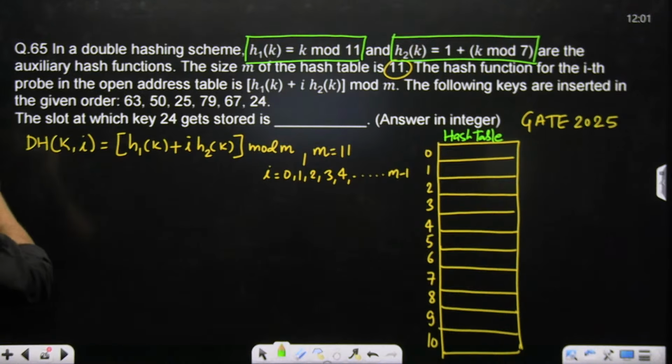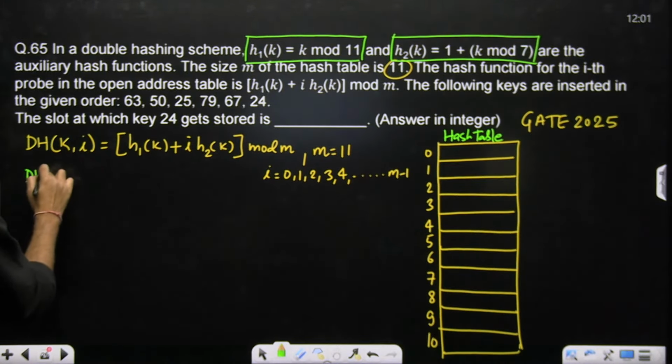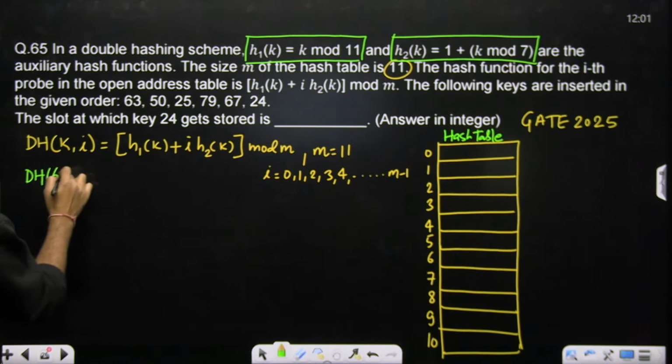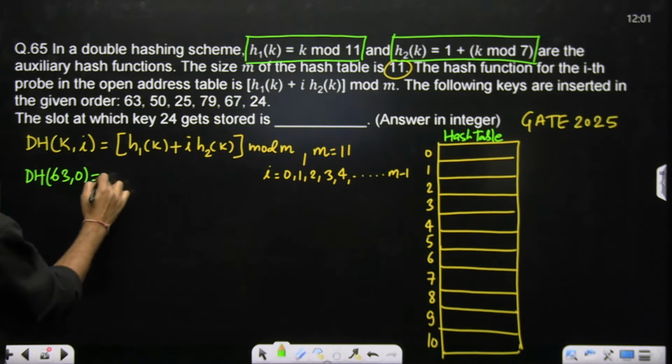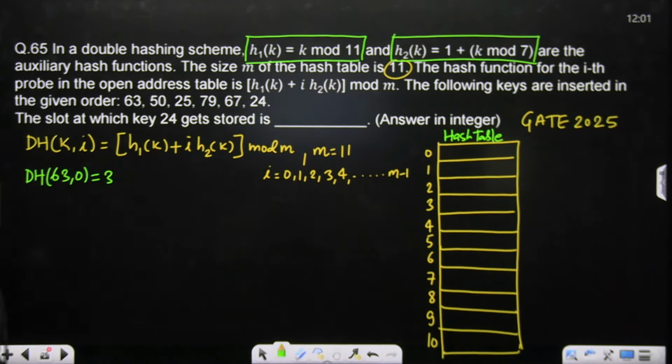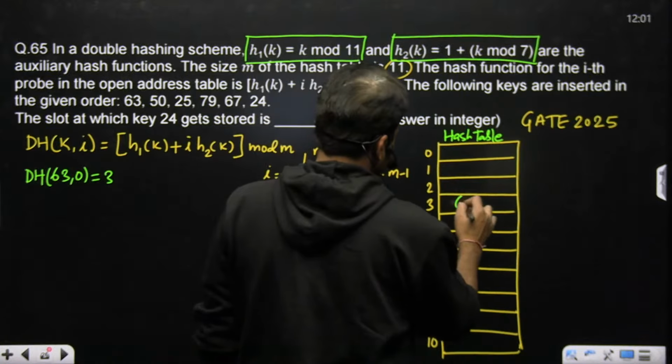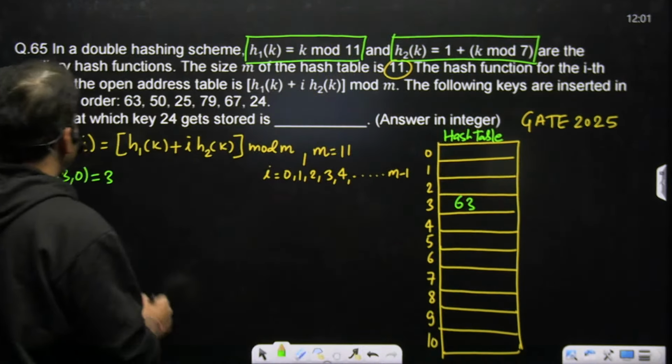Now double hashing 63,0 डायरेक्टली ये क्या देगा बच्चे? इनिशियली 3. तो 63 come at this position, right? This is done.